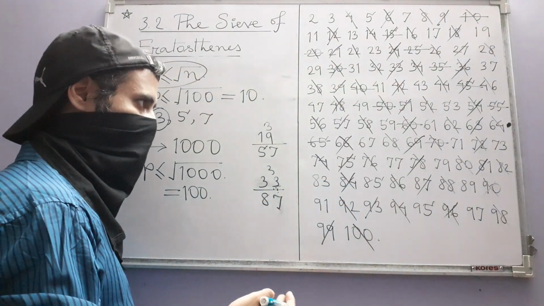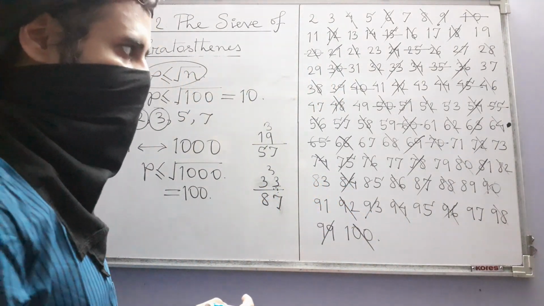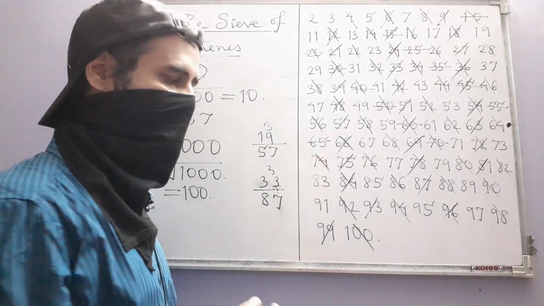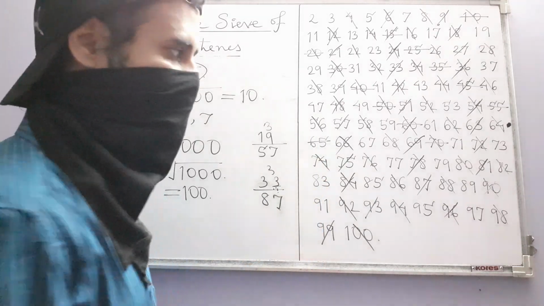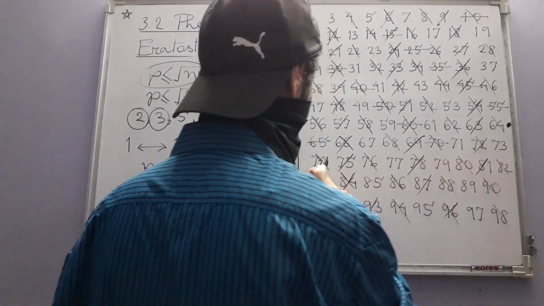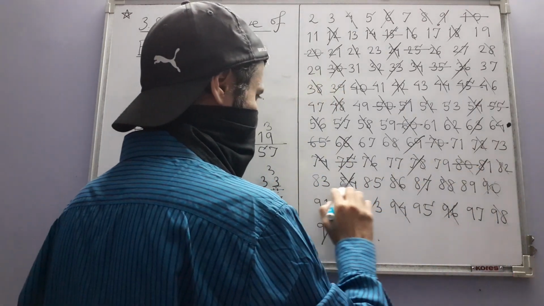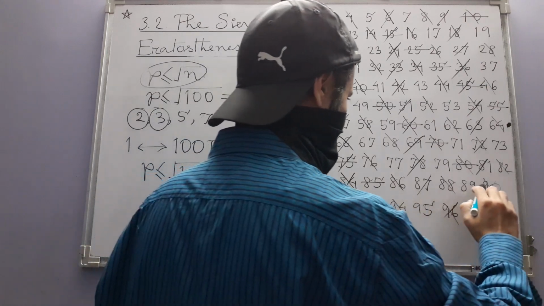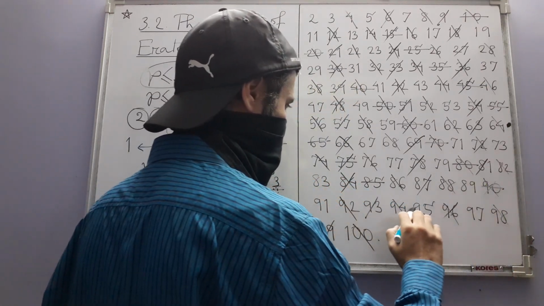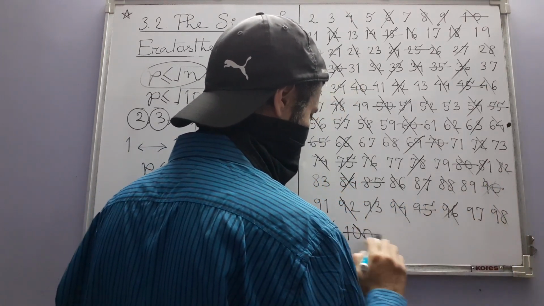Easy I say because the numbers which are multiples of 5 have their last digits either 0 or 5. That's it. 85, 90, 95, 100.